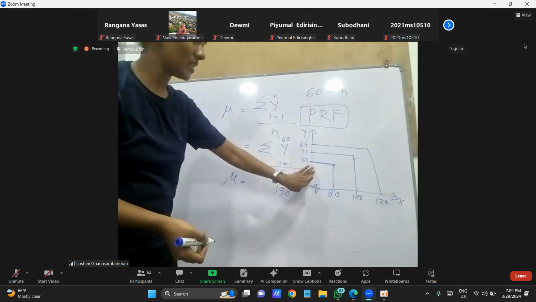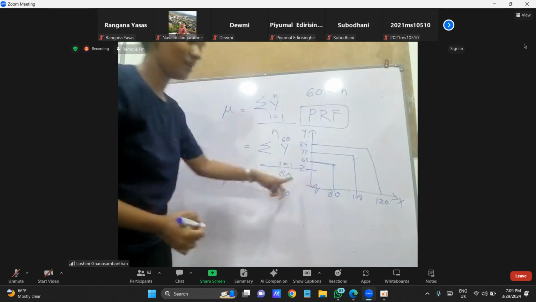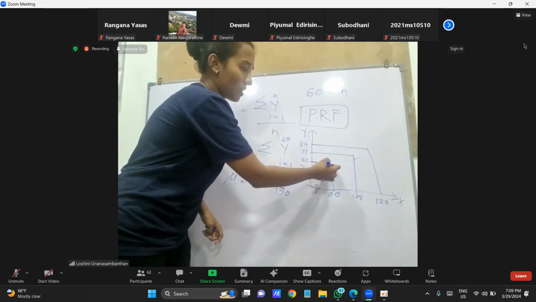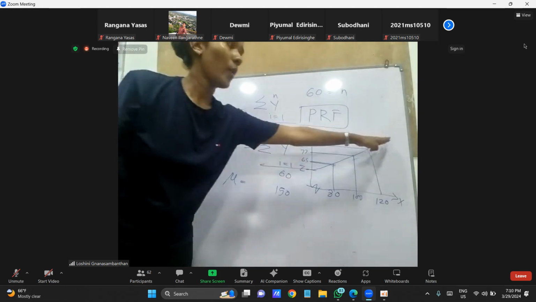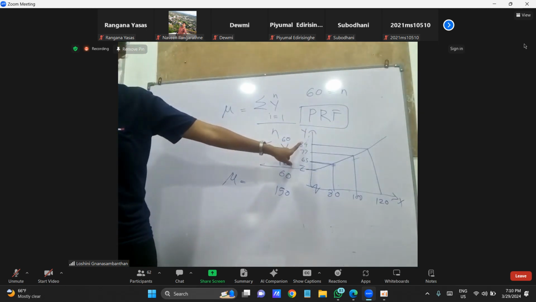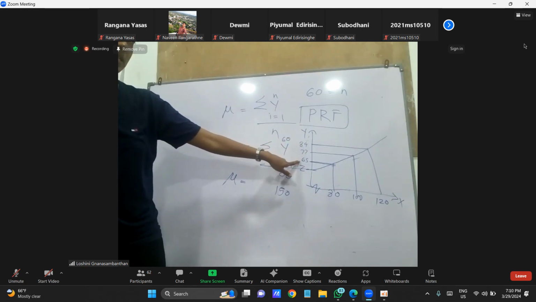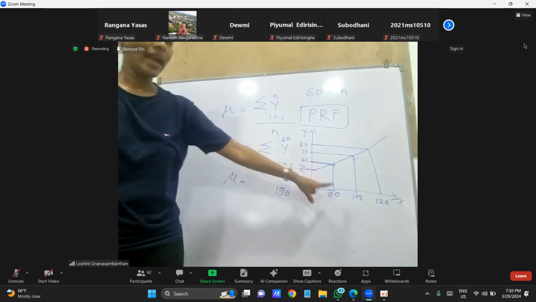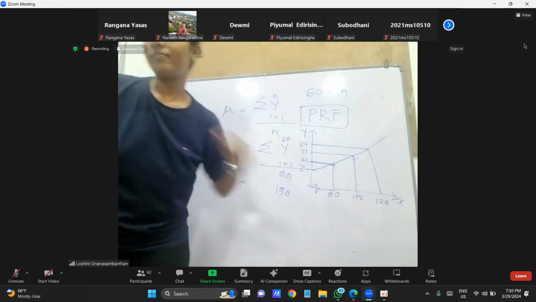There should be an autonomous C also. We don't know what that is, but there should be autonomous C, so it will not start from the origin, okay? It will start from somewhere here. You can draw the population regression function from the conditional means that you have found in that table. 65 at 80, 77 at 100, 89 at 120.